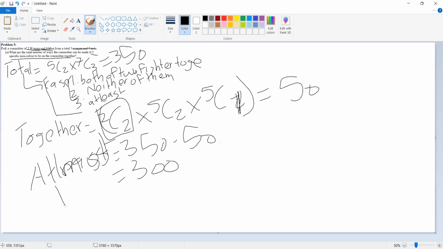So you get 300. The total is this thing, so we subtracted the together case from it, and then we get the cumulative answer. Any questions? Okay, so I'll go on to the other question.